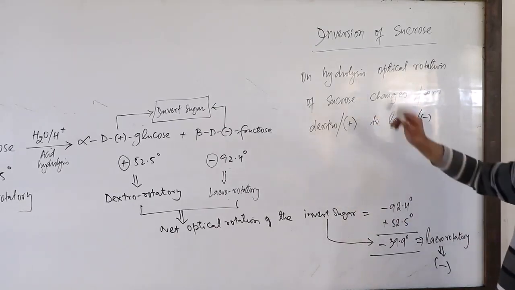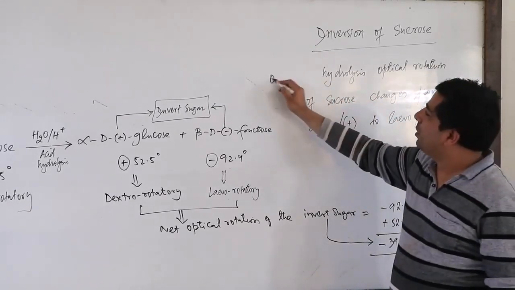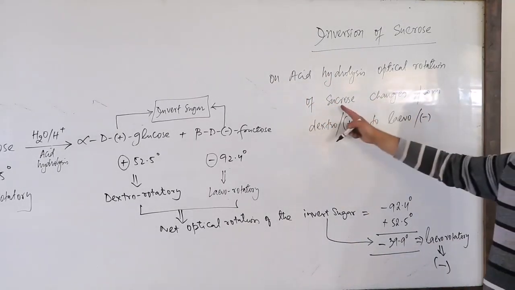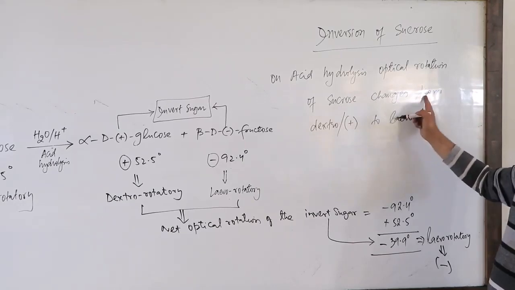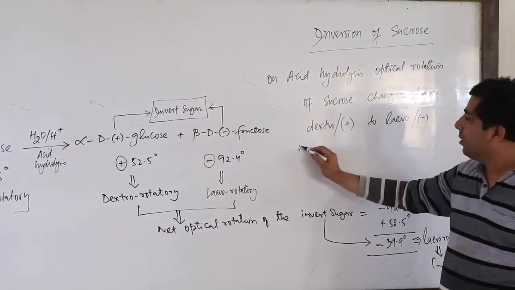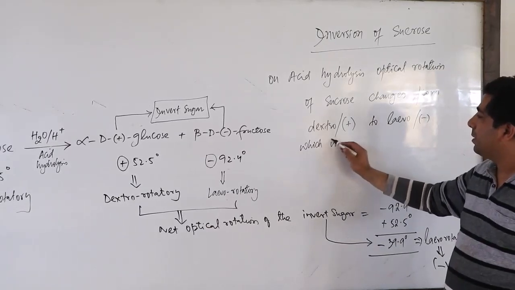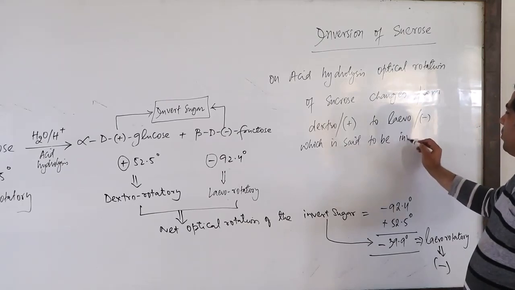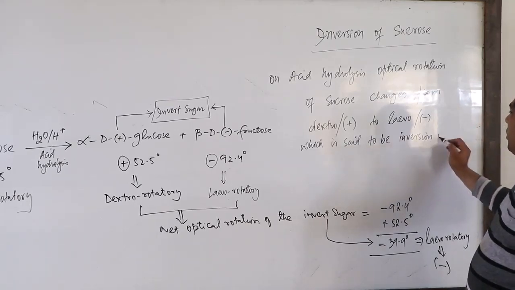So on acid hydrolysis, the optical rotation of the sucrose molecule changes from plus to minus, which is said to be inversion of sucrose.